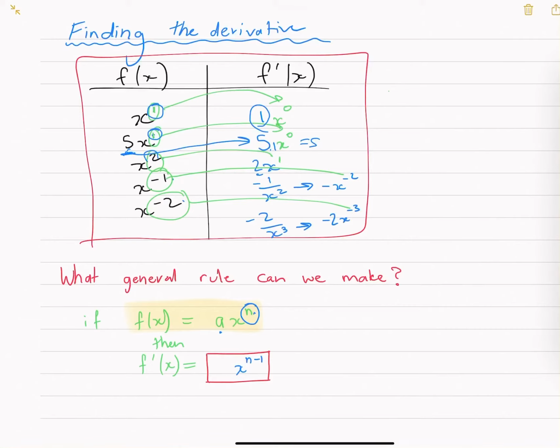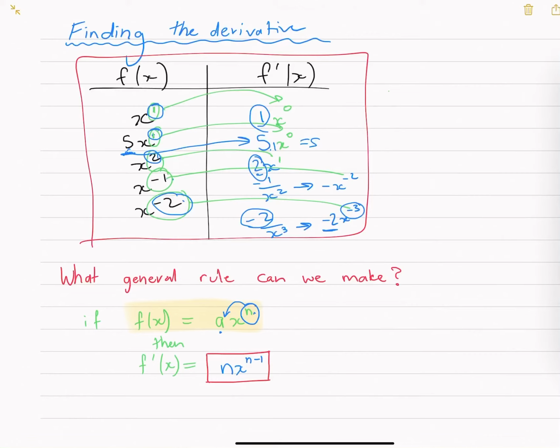So the 2's there, and the 2's there. So not only does the power drop by 1, but also the power seems to come down into this position before it drops. Okay, so you'll notice if we check that on the bottom one here, we had a -2, and there's the -2. And then, there's it there as well.